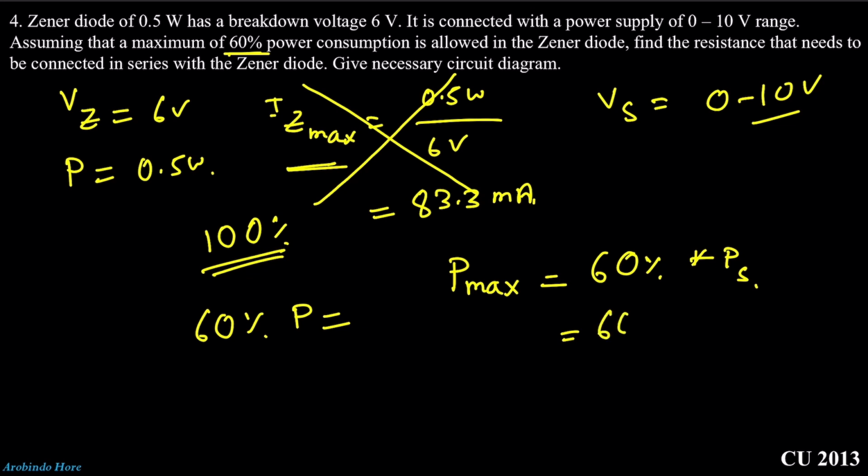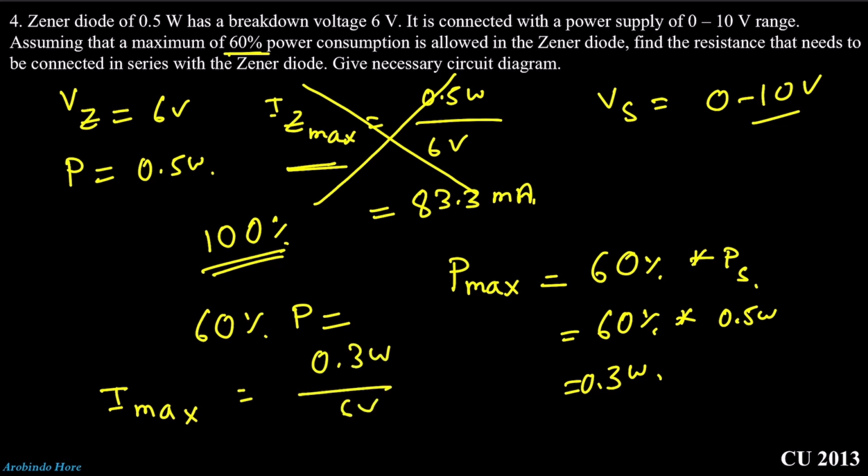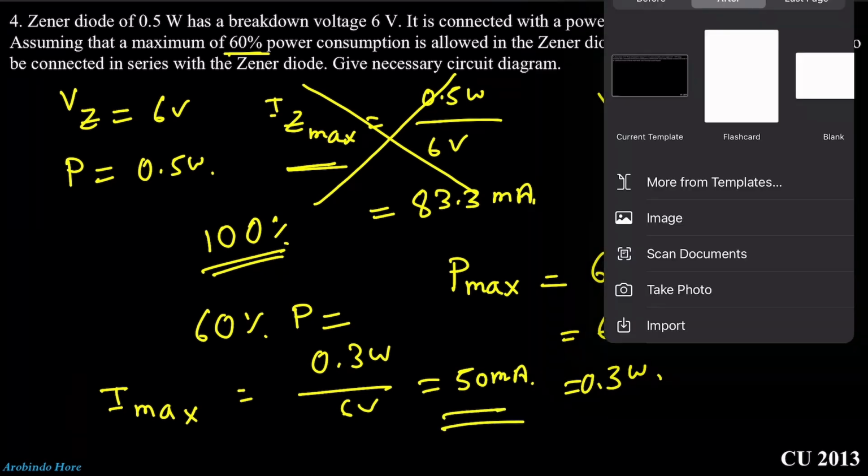That means 60% of 0.5 watt equals 0.3 watt. Now I max will be 0.3 watt divided by 6 volt, which equals 50 milliampere. So the Zener diode can tolerate 50 milliampere.